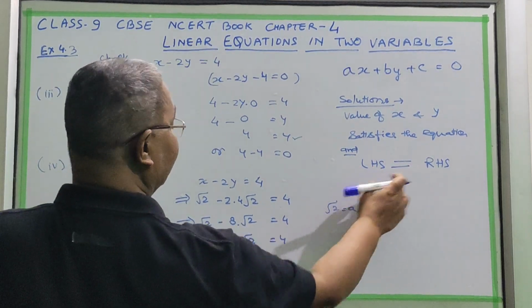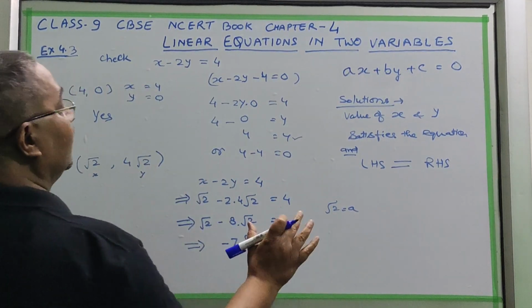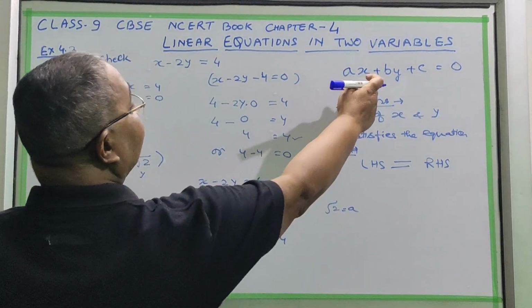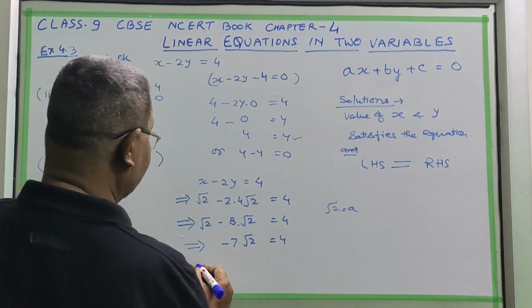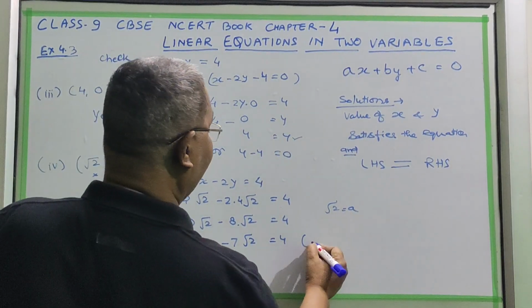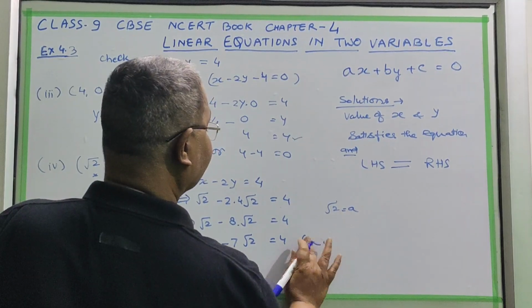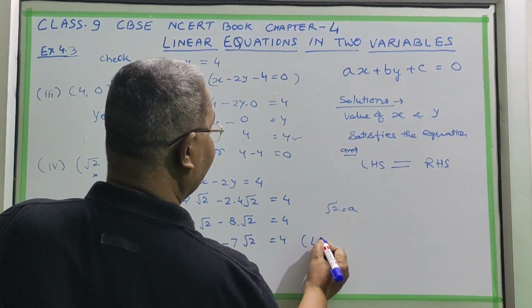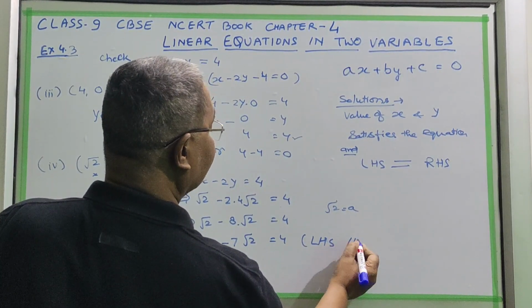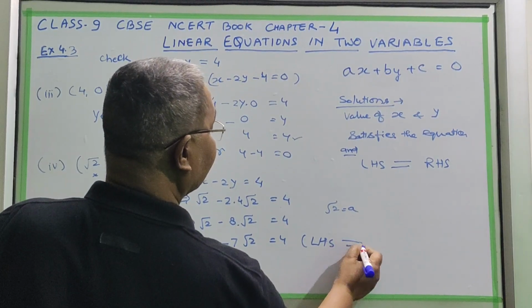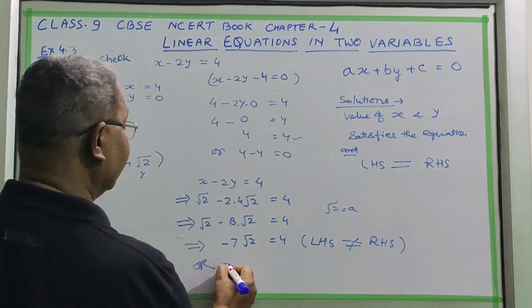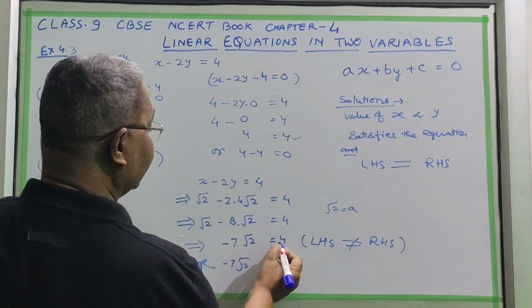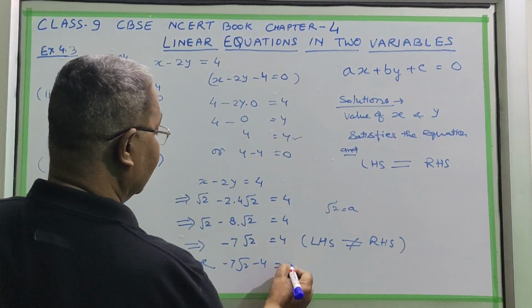Now LHS and RHS are not equal. So this condition is not satisfied, because LHS is not equal to RHS. And if you bring this 4 to this side, it is not 0.